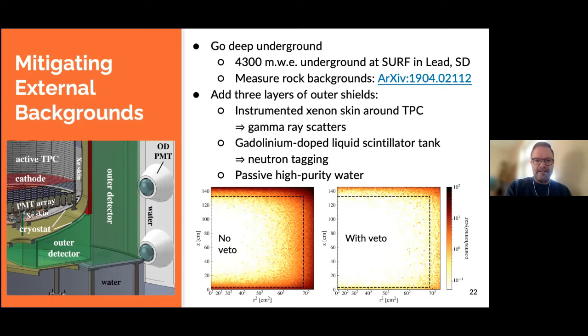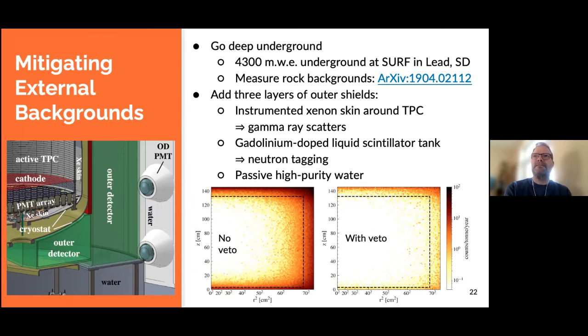Sorry, I've seen there's some comments in the chat. Okay, how do we identify the source of the background? Different backgrounds will give you different types of signals, and mostly it will be electron scattering.